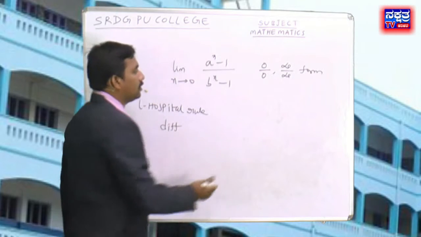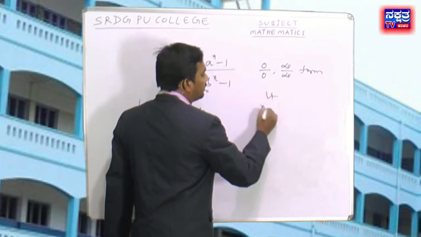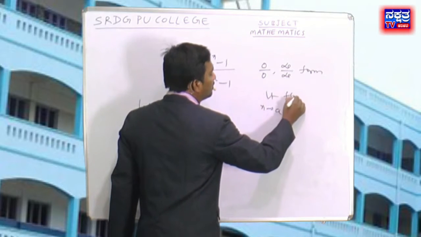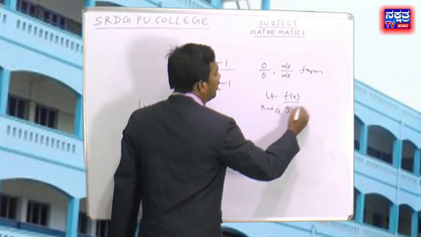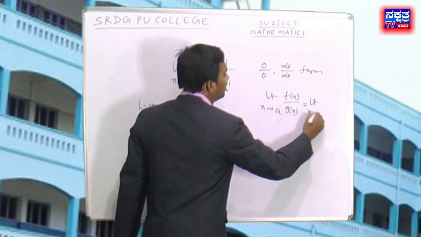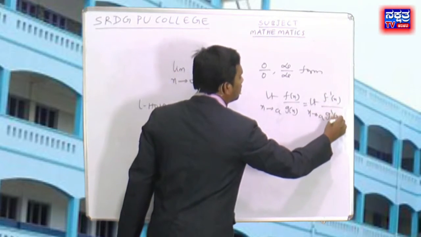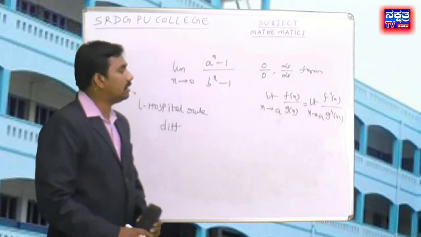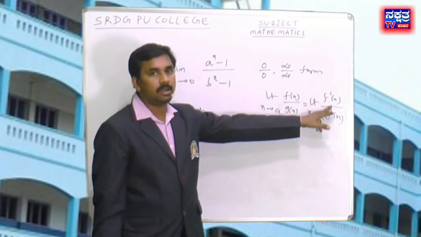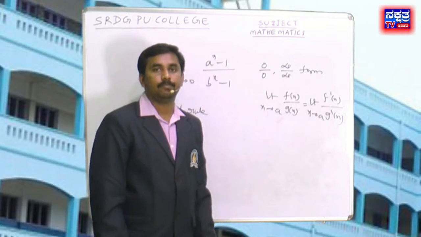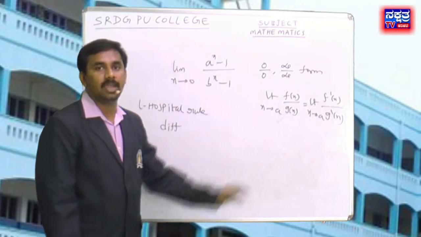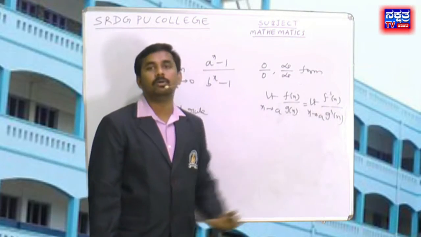What is the L'Hospital rule? Limit x tends to a f of x by g of x equals limit x tends to a f dash of x by g dash of x. As it is, we take the derivative of numerator and denominator, both, and then again we apply x equal to a.